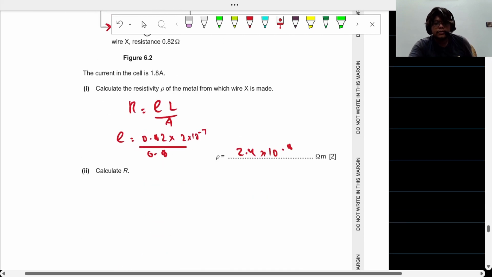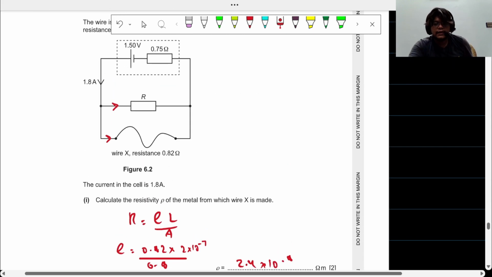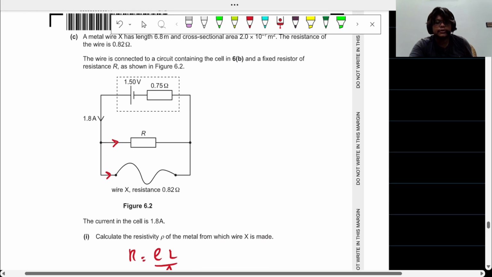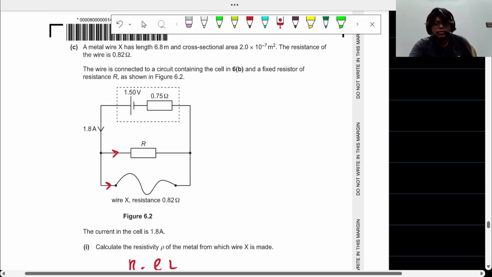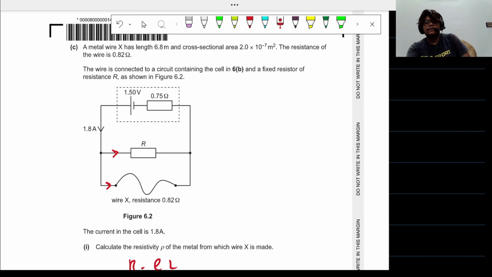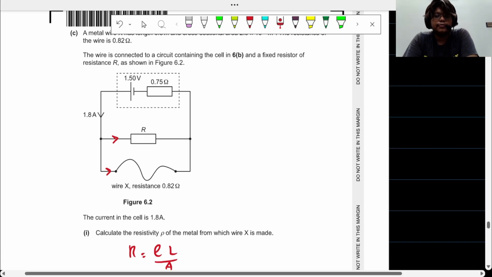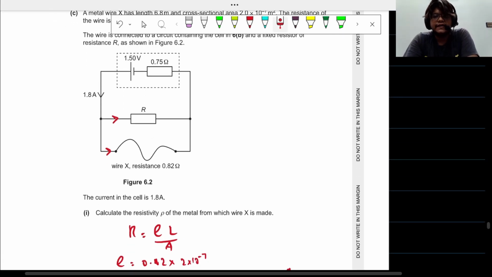Okay, so calculate R. The current in the cell is 1.8 amperes. The terminal potential difference is 1.5, and the EMF is 1.5, and we have Ir equal to 0.75. So let's just apply Kirchhoff's law on this loop.